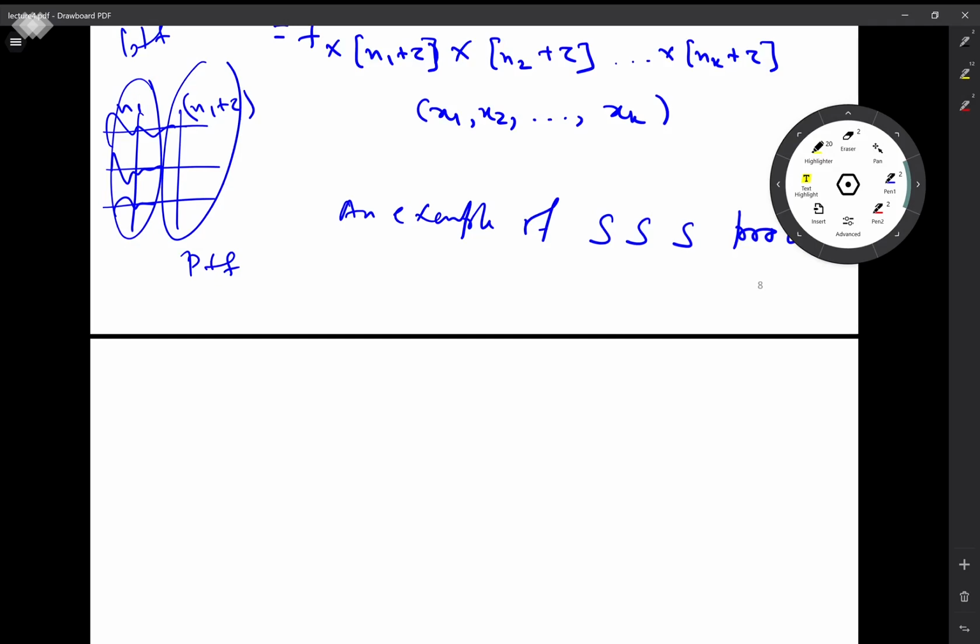Now let's discuss what we mean by the wide sense stationary process.